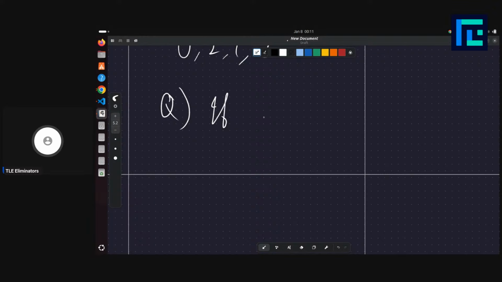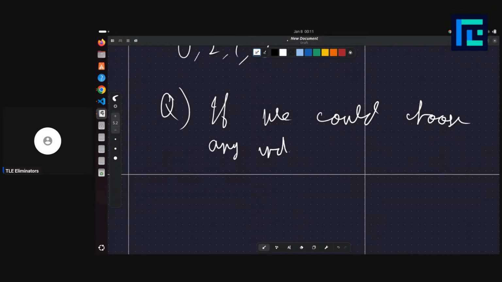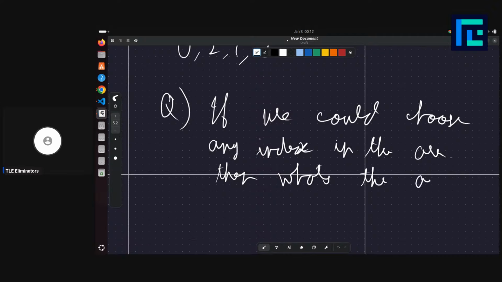If we could choose any index in the array, then what is the answer?